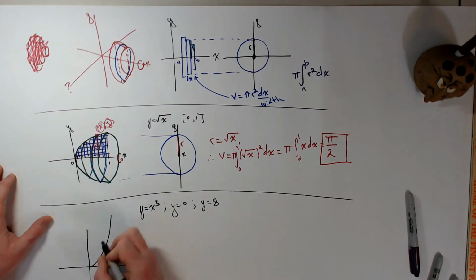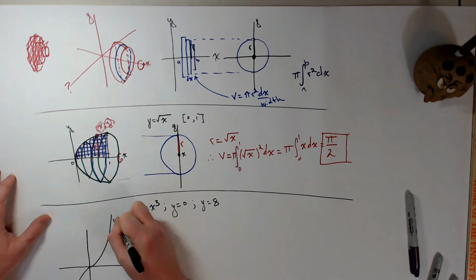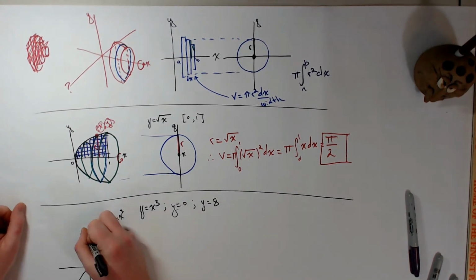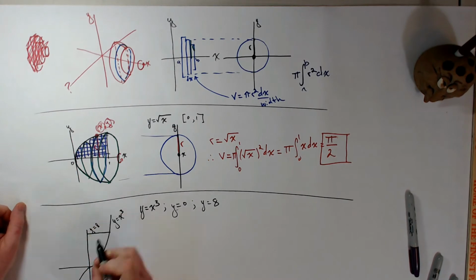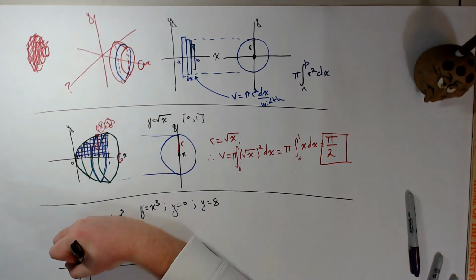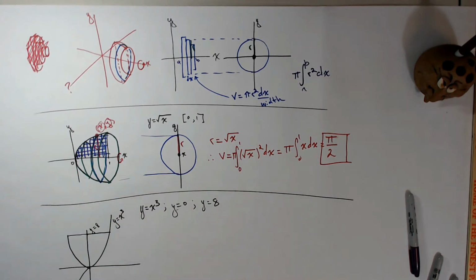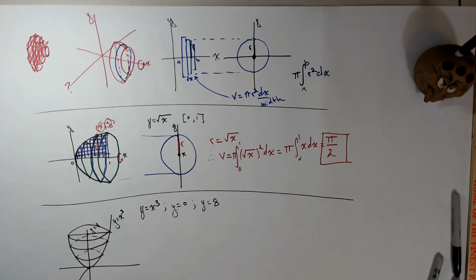Y and x-axis, x cubed, and then y equals 0 is just the x-axis, and y equals 8 is the line. And again, when we rotate this around the y-axis, we're going to get sort of cylindrical discs, and again another sort of bullet shaped solid.